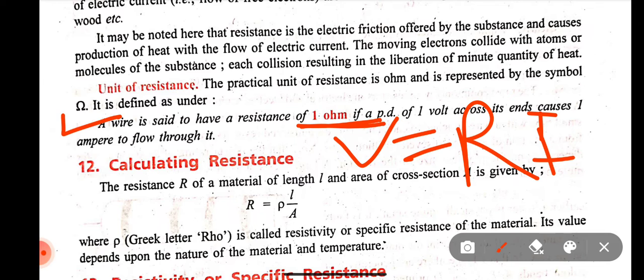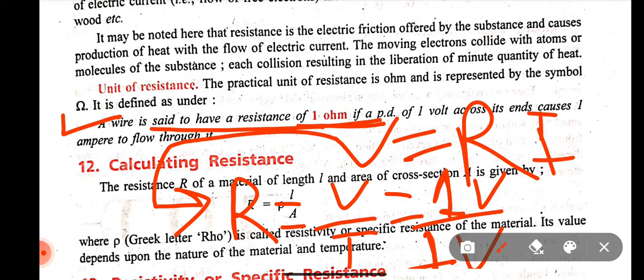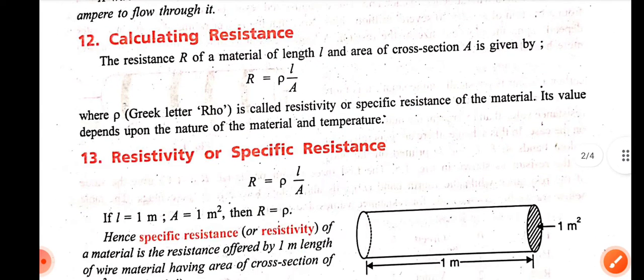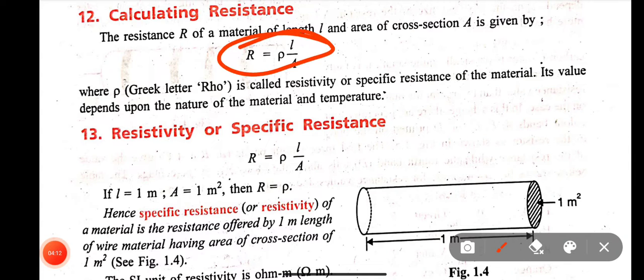Expressing this formula in another way, we get R equals V upon I. So if V equals 1 volt and current equals 1 ampere, then it is known as 1 ohm resistance, right? Now I hope it's clear how we calculate the resistance.